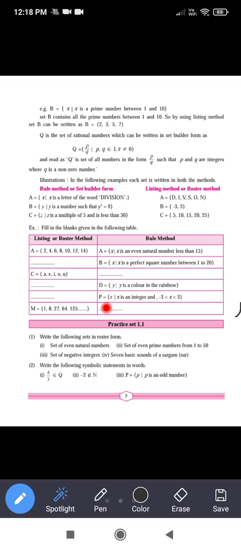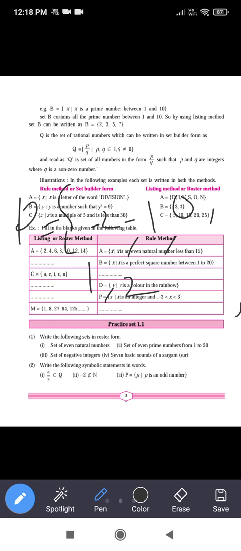It means that x elements are present between minus 3 and 3. So the integers between minus 3 and 3 are: in set P the elements will be minus 2, minus 1, 0, 1 and 2. So these 5 elements will come in set P.